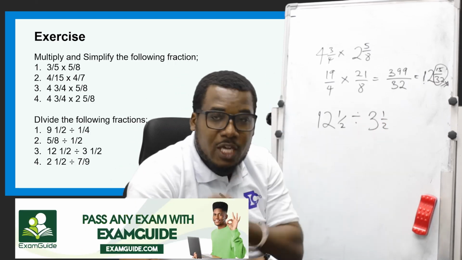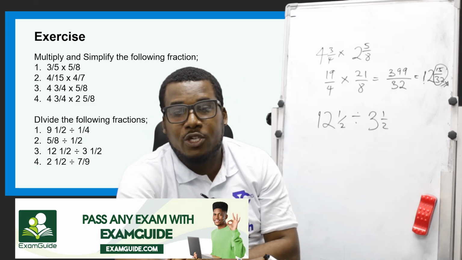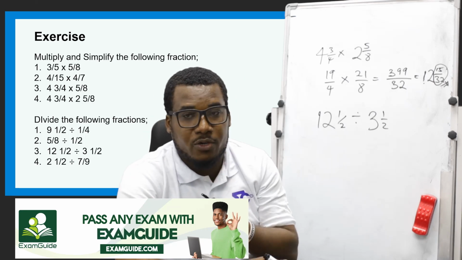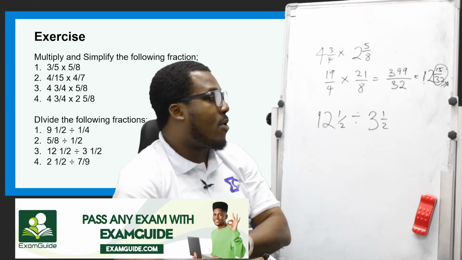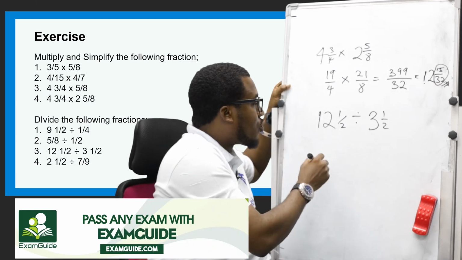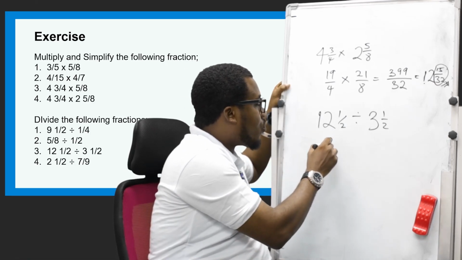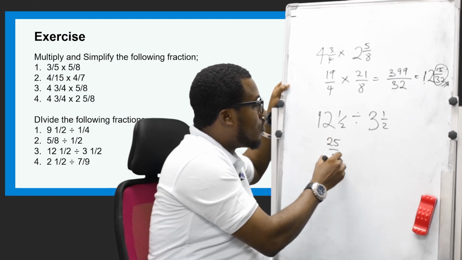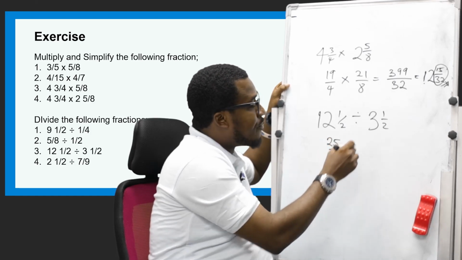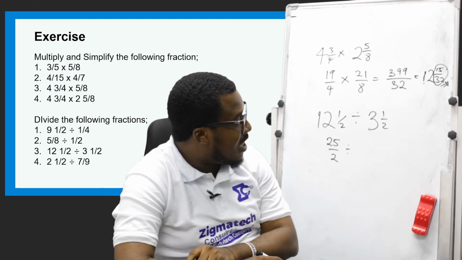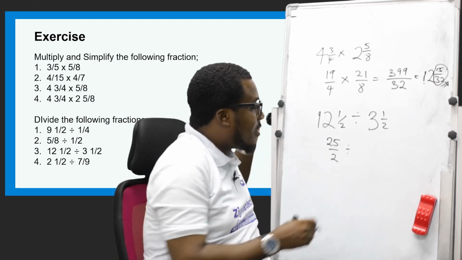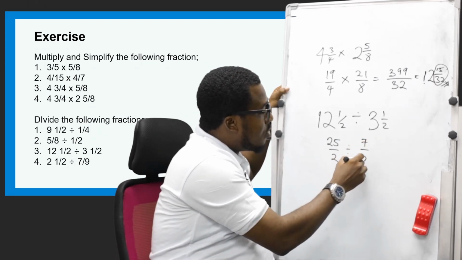Again, as in the case with our multiplication, when we did our multiplication for the mixed fraction, change to improper fraction. So 2 times 12 will be 24, plus 1, 25 over 2 divided by 3 times 2 is 6, plus 1, 7 over 2.